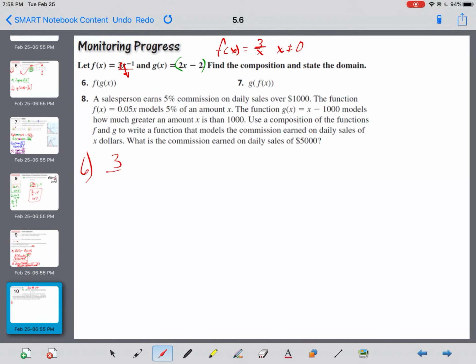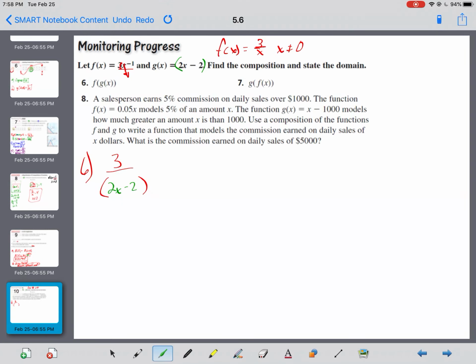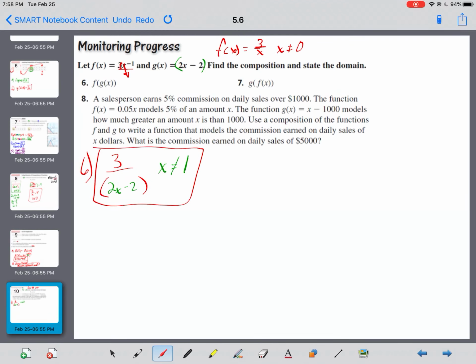Now on 6, we're supposed to take f, which is 3 over something, and we're going to plug in g, 2x minus 2. There's nothing to really simplify there, so I just need to figure out what x cannot be. Well, 2x minus 2 equals 0. We're going to add 2 to both sides. 2x equals 2. Divide by 2. X can't be 1. If x was a 1, we'd have a 0 on the bottom, and that's a problem. Okay, so that's number 6.